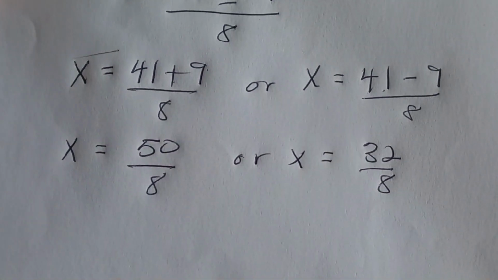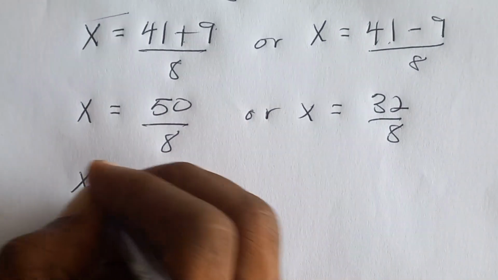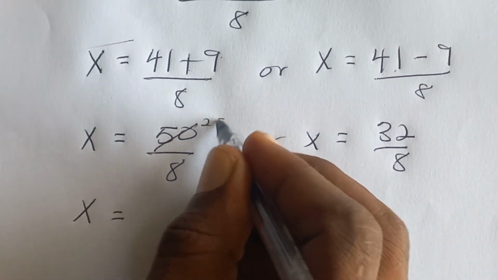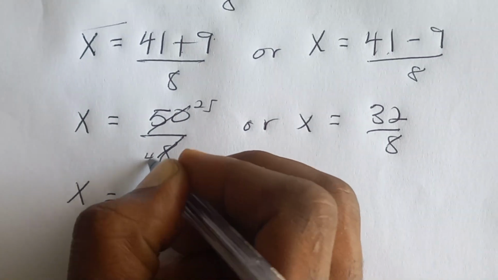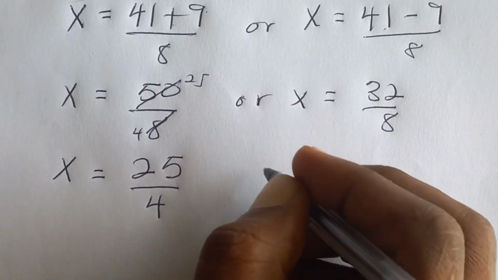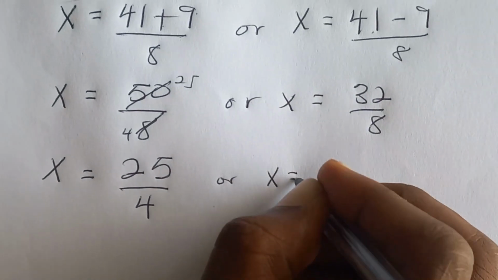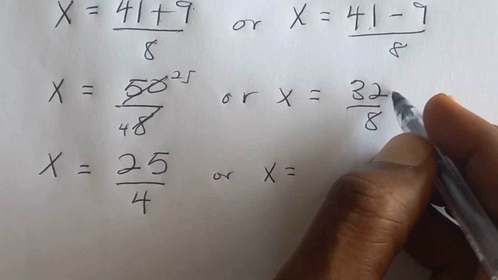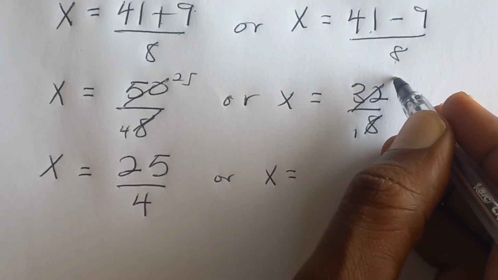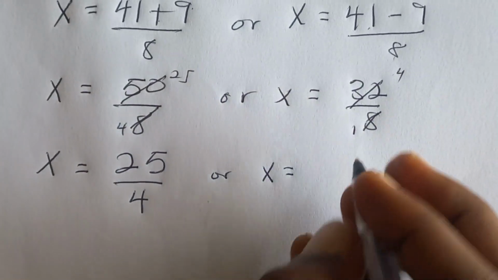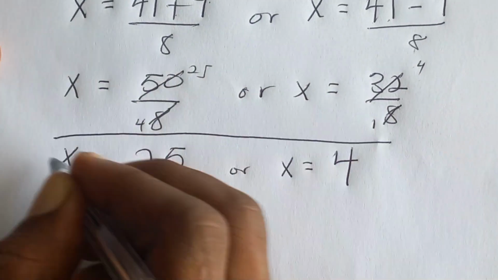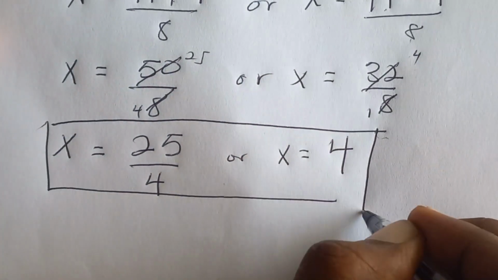So further simplification, we are going to get x is equal to, now 2 goes into 50, 25 times, and into 8, 4 times. So we get 25 over 4, or x is equal to, now with this, 32 over 8, 8 goes into itself 1, it goes into 32 4 times. So you say that x is equal to 4. So this is our final answer for the question.